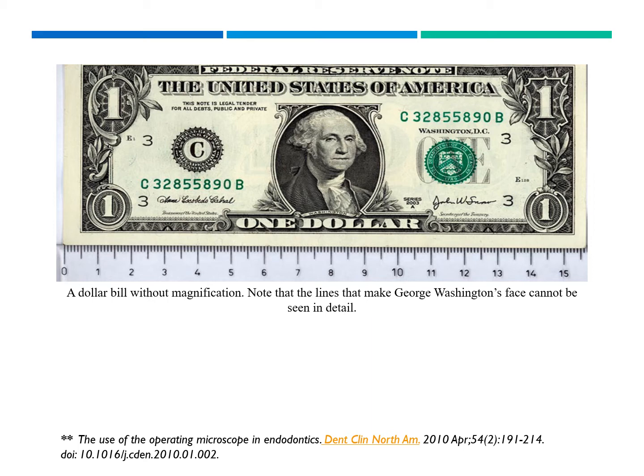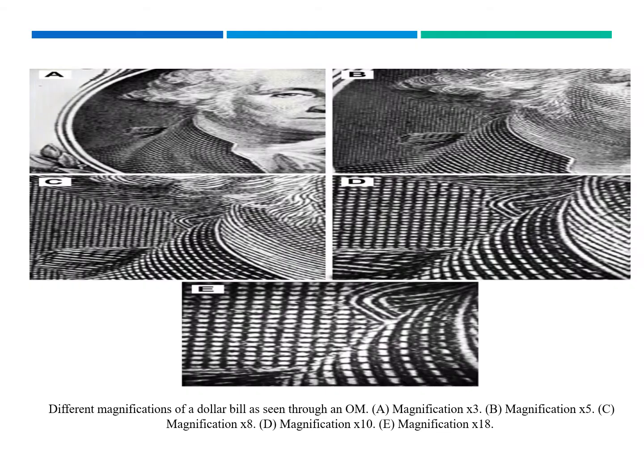This is the classic image you would come across in most articles, journal clubs, and presentations, in which the details on George Washington's face on a dollar bill cannot be seen in detail without magnification. If you look closer, image A is at a magnification of 3x, image B at 5x, image C at 8x, D at 10x, and E at 18x.